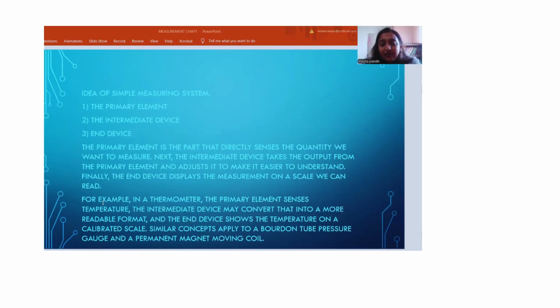For example, in a thermometer, the primary element senses temperature. The intermediate device may convert that into a more readable format, and the end device shows the temperature on a calibrated scale. A similar concept applies to a Bourdon tube pressure gauge and a PMMC coil.